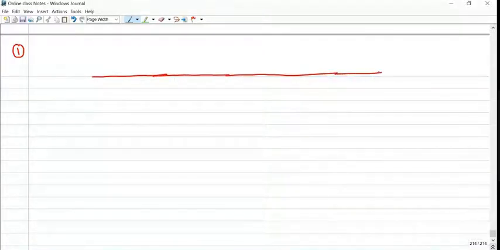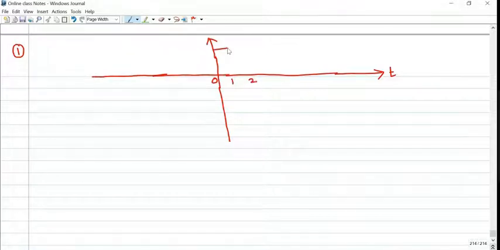Find the exponential Fourier series coefficient or exponential Fourier series representation of the given periodic signal. So the signal sketch is given to you: 0, 1, 2, like this. And 3, 4 value 0.